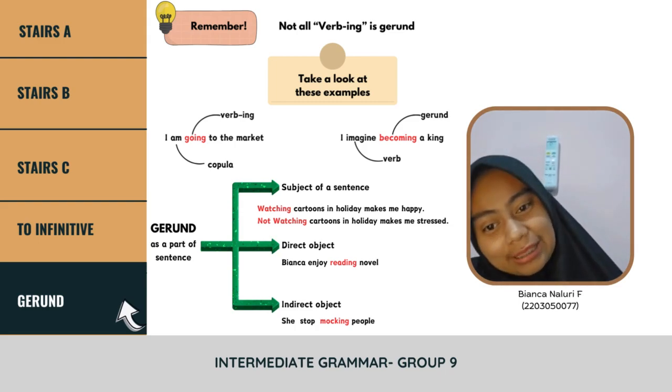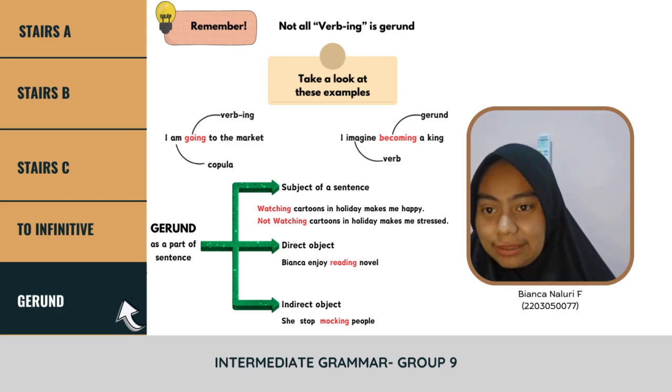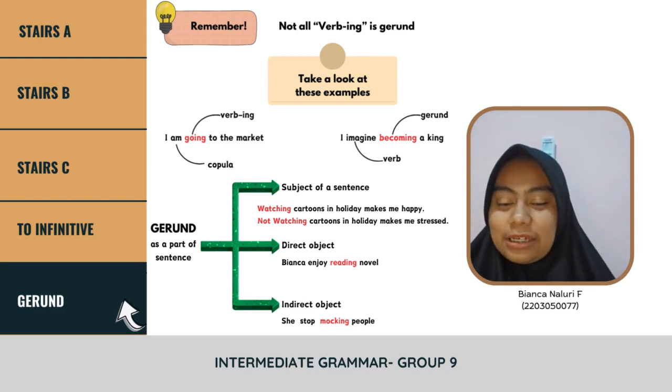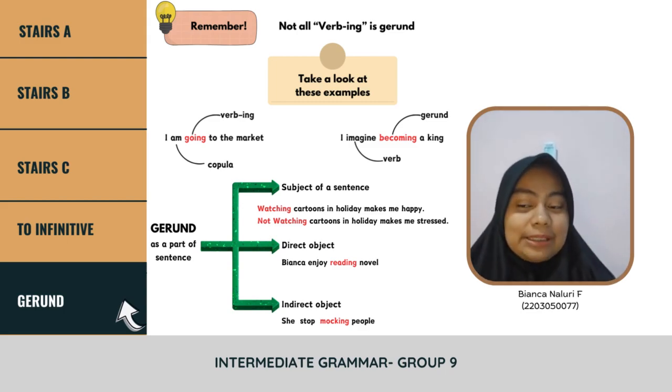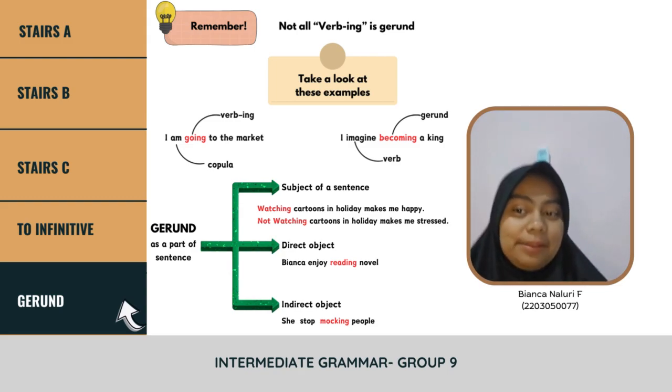A gerund could be put at the beginning of the sentence. The example will be like this: watching cartoons in holiday makes me happy. Watching here is the subject, and of course it's a gerund.